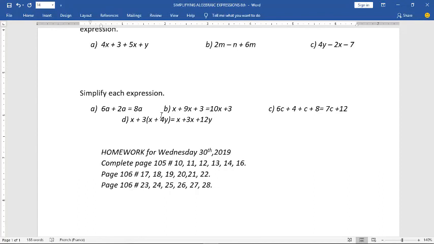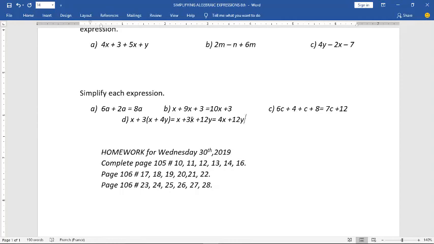And we're not finished. We have to simplify after using the distributive property. Now we have to simplify the expression, adding or subtracting the like terms. The like terms are x and 3x. 3x plus x is 4x plus 12y. 12y stays by itself because there is no like term for it.